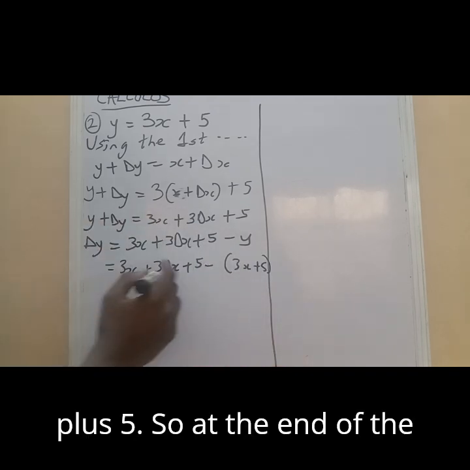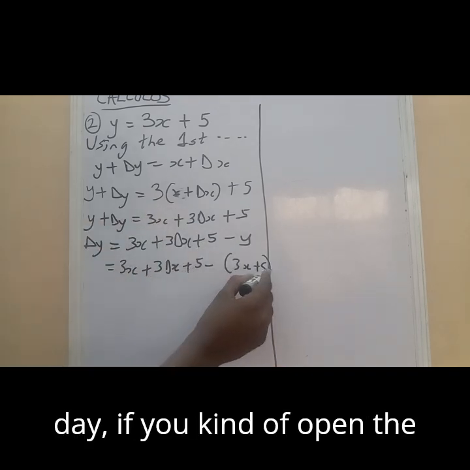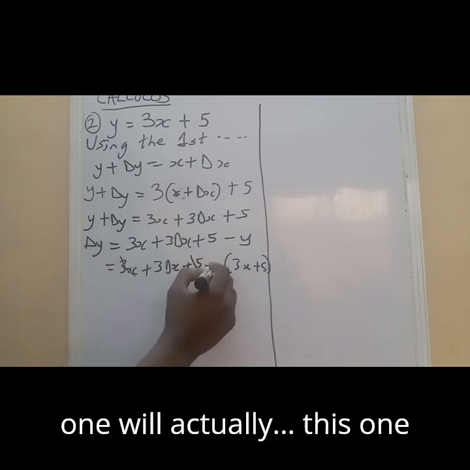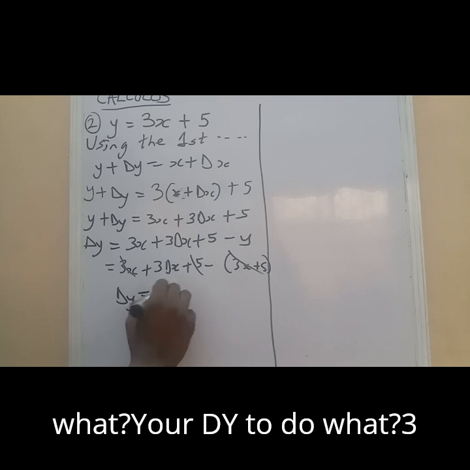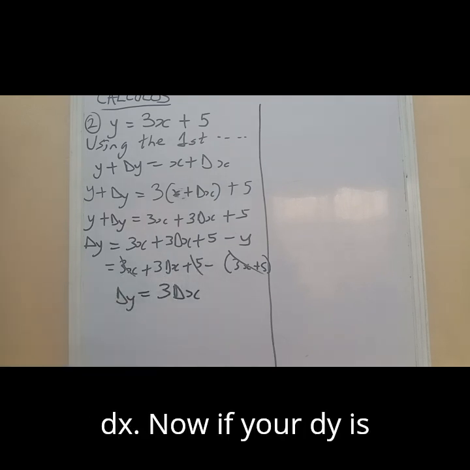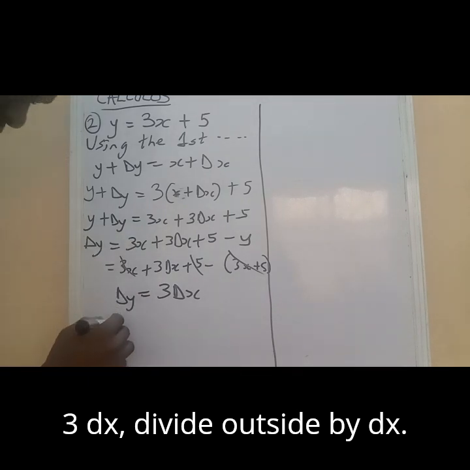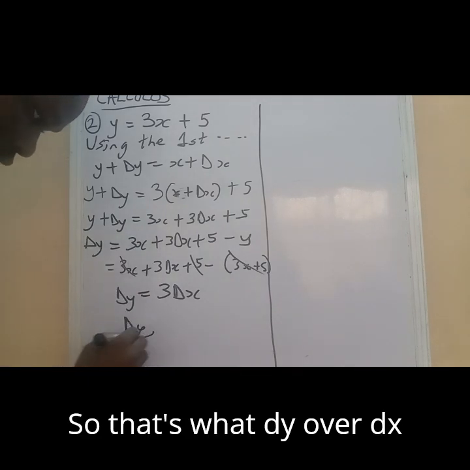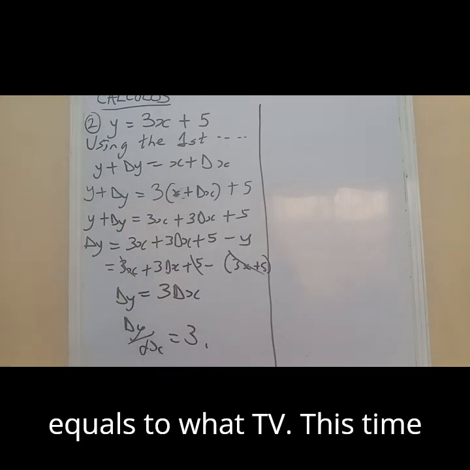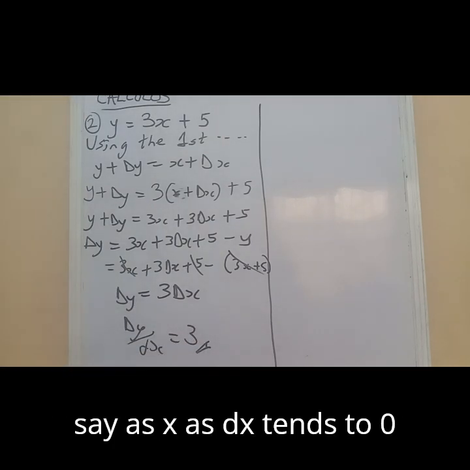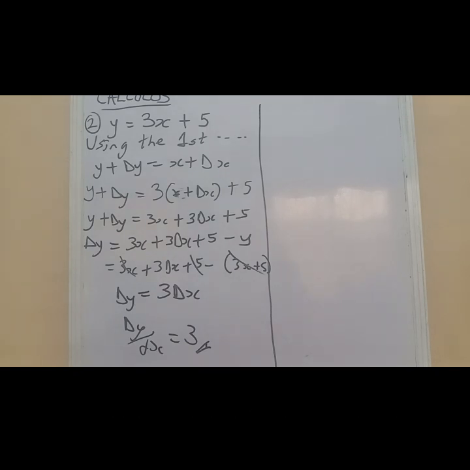If you open the bracket, you will see that these terms cancel out. So your dy is 3 dx. Now, if your dy is 3 dx, divide both sides by dx. So dy over dx equals 3. This time around, there's no need to say as dx tends to 0 because you have easily calculated your answer.